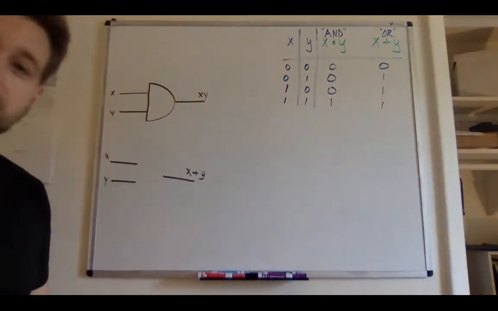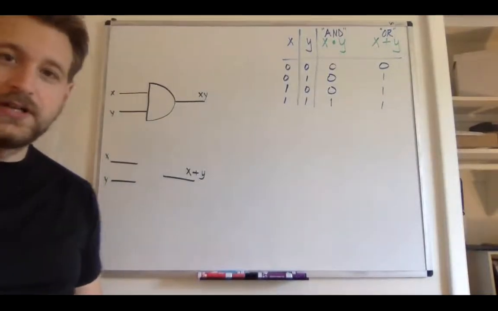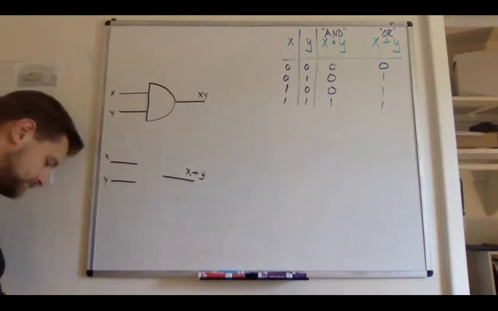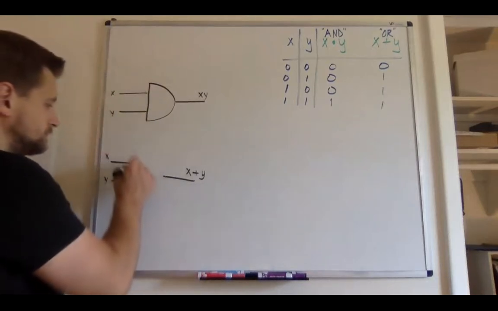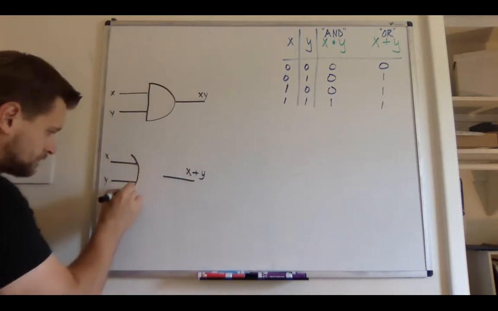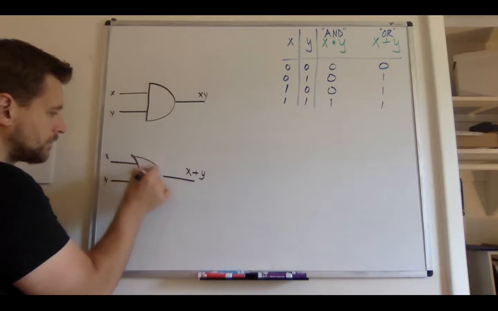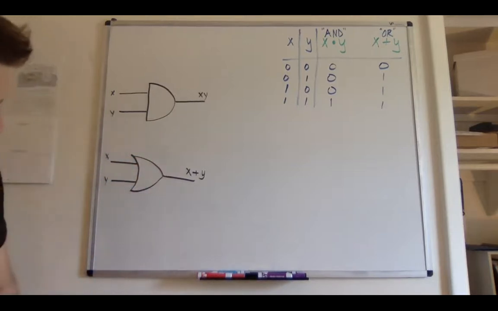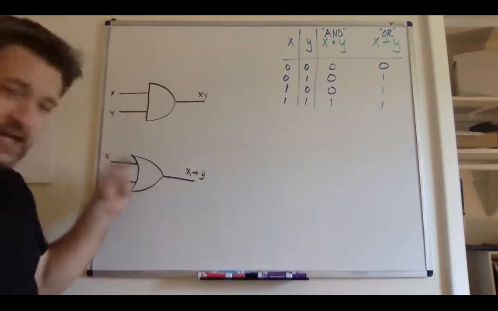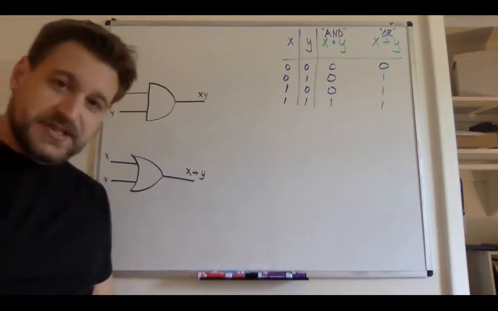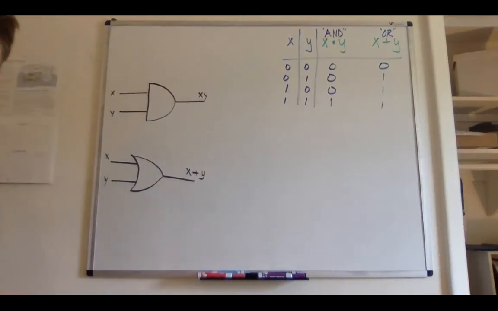A hemisphere will be our symbol for the and operation. And this sort of rocket ship looking thing will represent the OR operation.